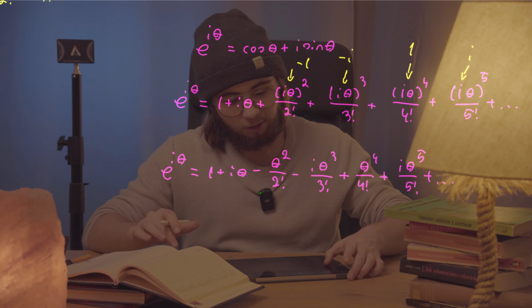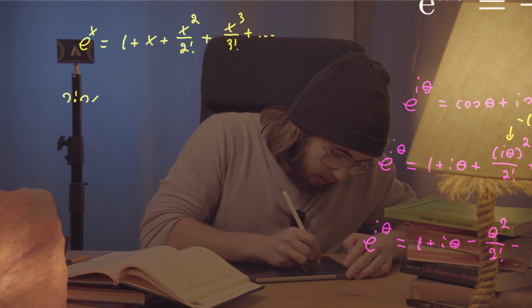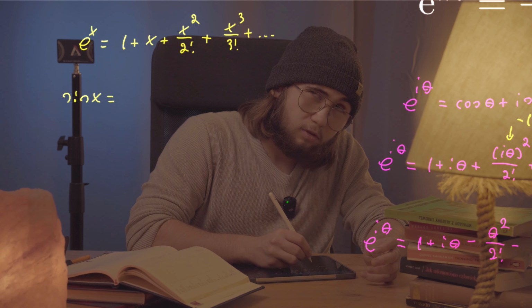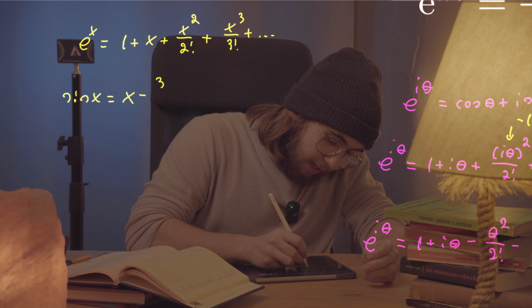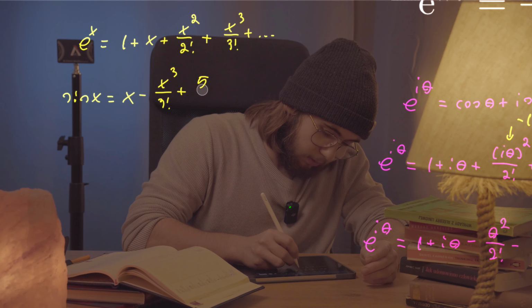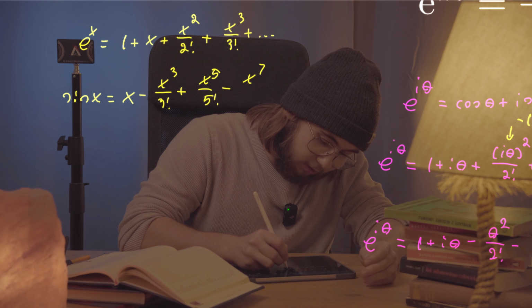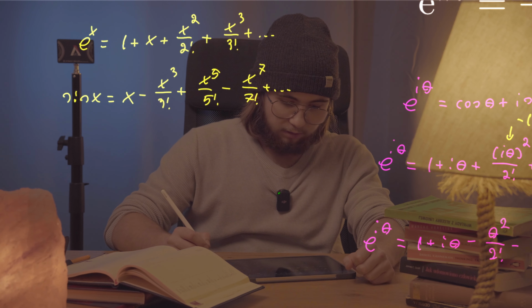So we know from Calc 2 that sine of x is equal to x minus x to the power of 3 over 3 factorial plus x to the power of 5 over 5 factorial, and then minus x to the power of 7 over 7 factorial, and so on and so forth, extending this alternating sum up to infinity.